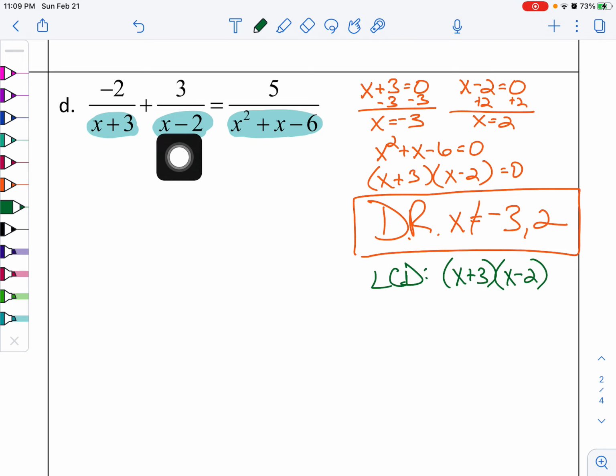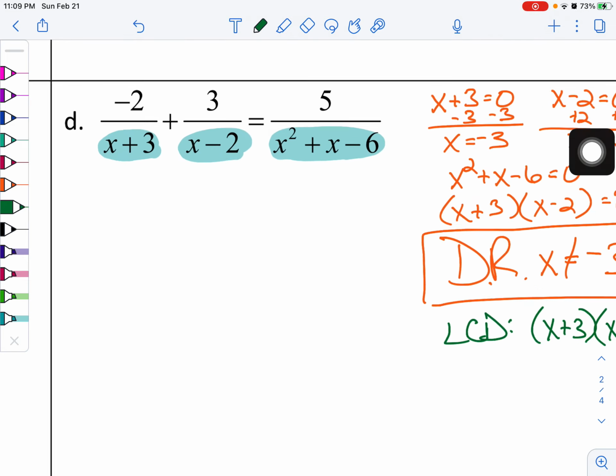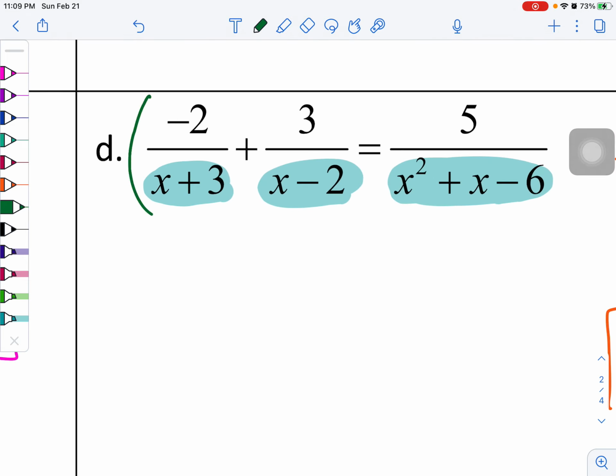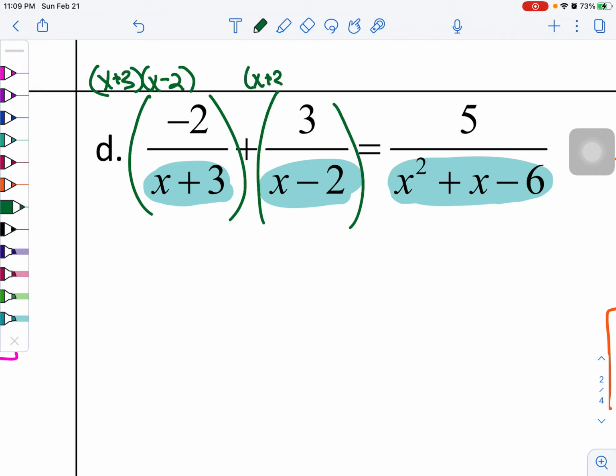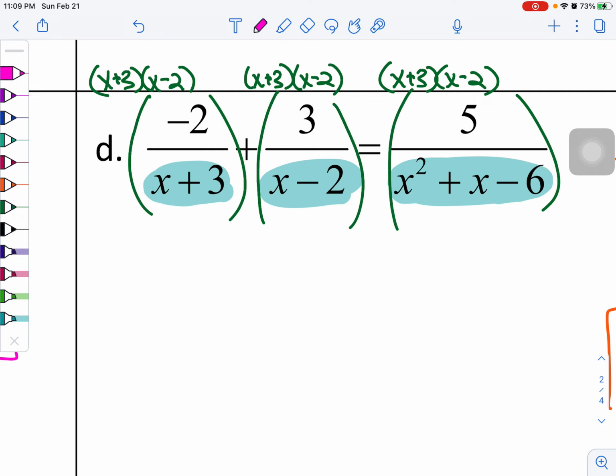So x plus 3 would be for this denominator and this one. x minus 2 takes care of this denominator and this denominator as well. So I'm going to multiply every single piece by x plus 3, x minus 2, x plus 3, x minus 2, and x plus 3, x minus 2.